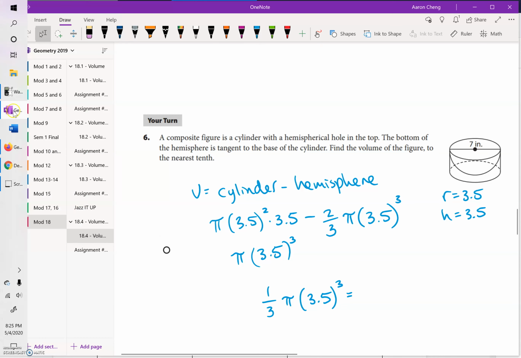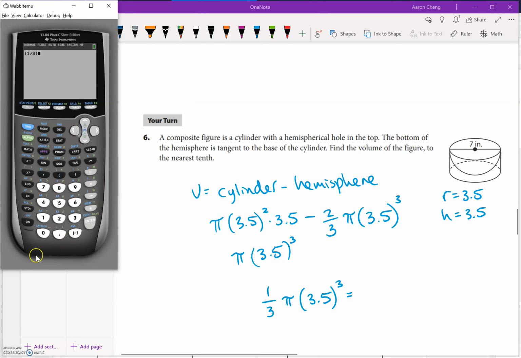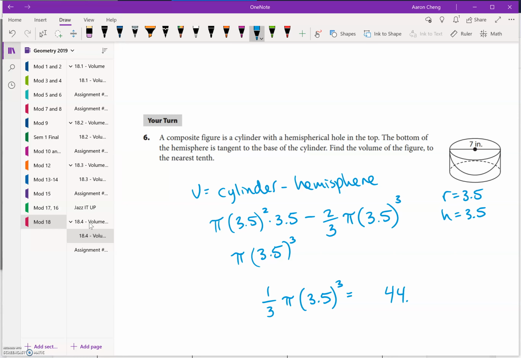So we have 1/3 pi 3.5 cubed. And that'll give us 44.89. We're rounding to the nearest tenth, so 44.9 inches cubed.